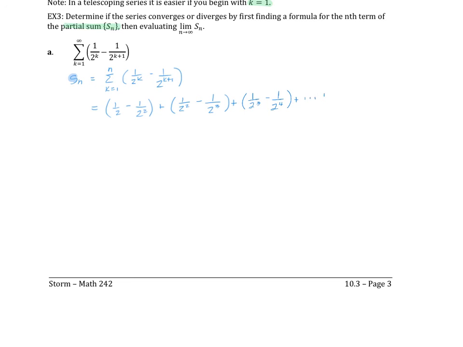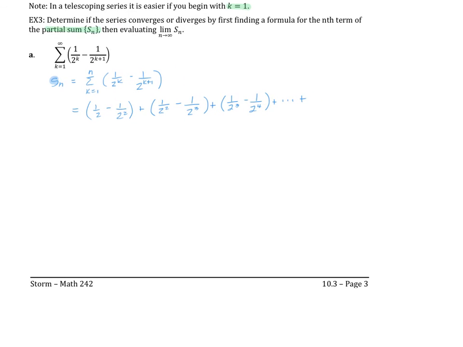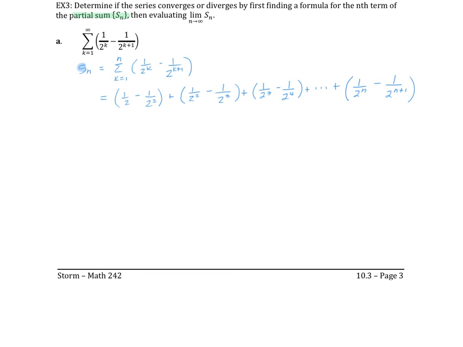And then we're going to go to the nth term, and that's why I wanted to start with k equal to 1, because to get to the nth term, all I have to do is substitute n for k. So the nth term would be 1 over 2 to the n minus 1 over 2 to the n plus 1. So these are the n terms that I'm adding up for my partial sum.